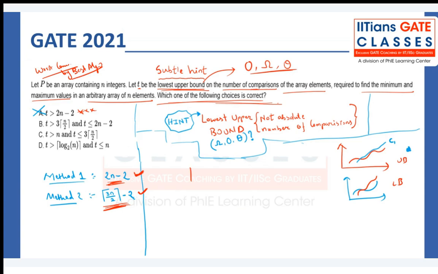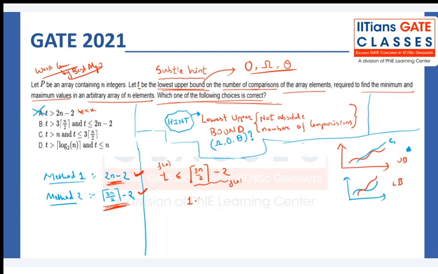So we know that 3n by 2 minus 2 is our number of comparisons if we go with the best method, and it will always be less than this, right? So if I take my constant C to be 1, let's say this is our g of n, and let's say T is our f of n.